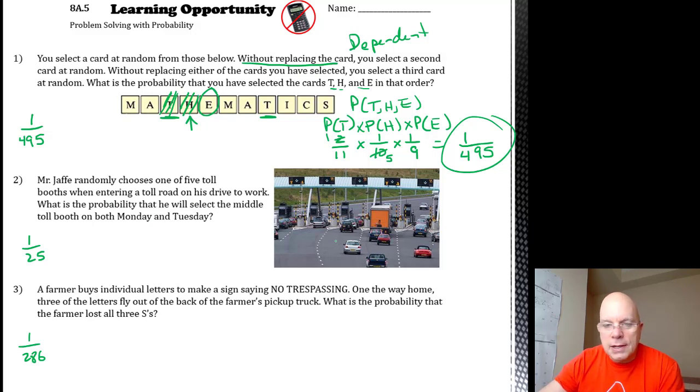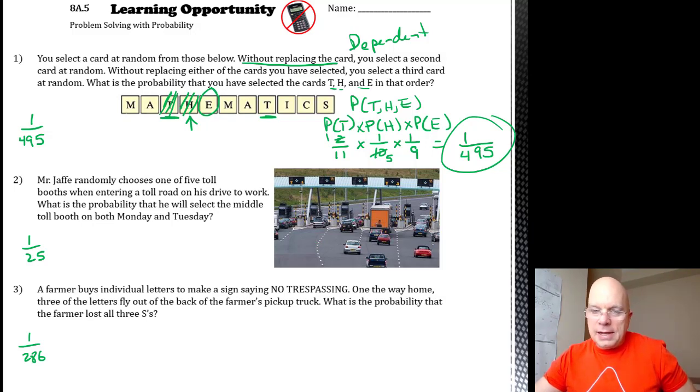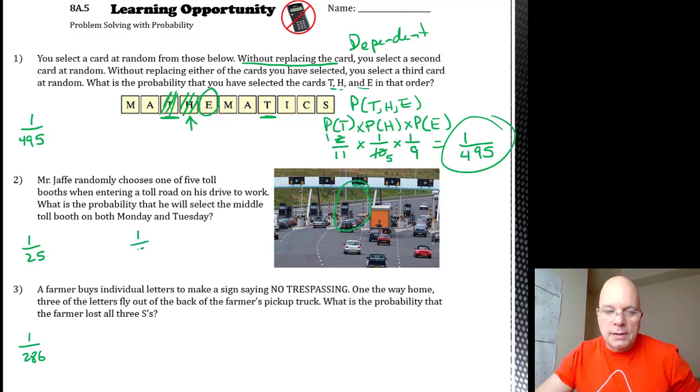So if he's choosing a toll booth at random, or if you can assume he's a logical person and wants to get through quickly, he just picks the one with the shortest line, assuming they all have equal probability of having short lines, which probably isn't true. There's probably some psychological thing about which lane to be in. But in any case, if there's a random choice here, there's a 1/5 probability of picking the middle lane on Monday.